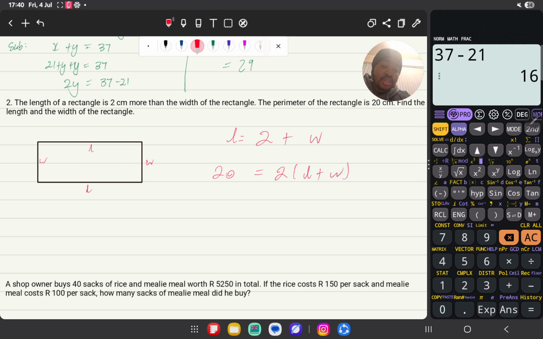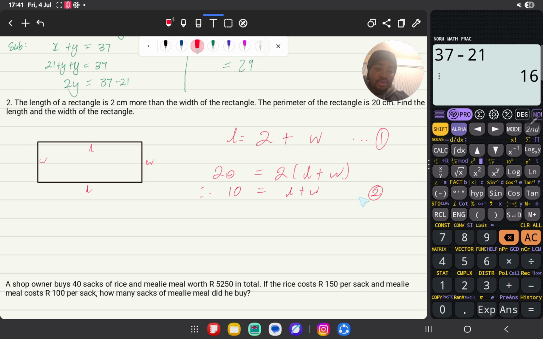Now you have these two equations, it's easier to solve. Perhaps from this one we can say 10, therefore 10 is equal to length plus width. And then here also, this is one thing they told us, so I can say that is equation 1, and let me say this is equation 2, right?